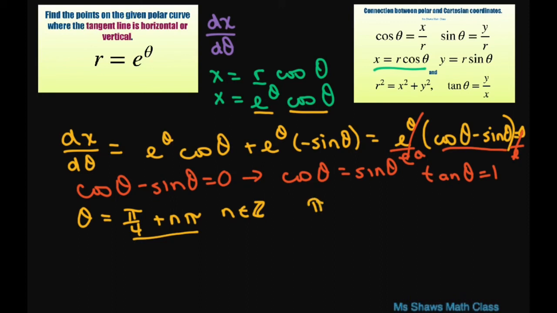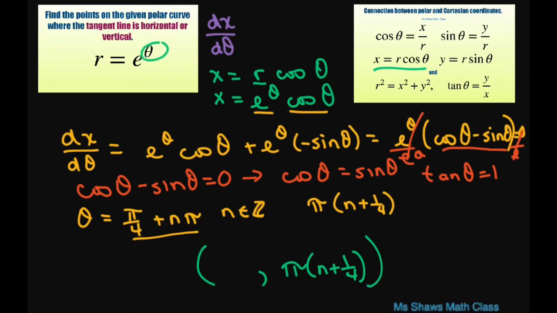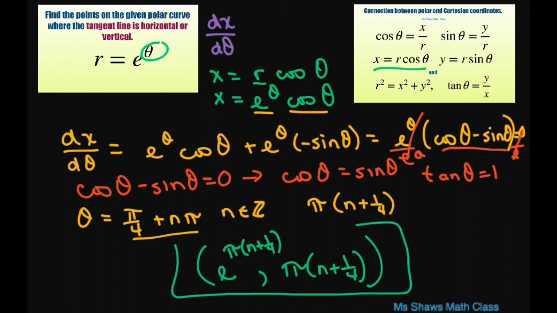This would be pi times n plus 1/4. So at pi times n plus 1/4, you just substitute this in for theta. So we get e to the power of pi times n plus 1/4. And that is your final answer.